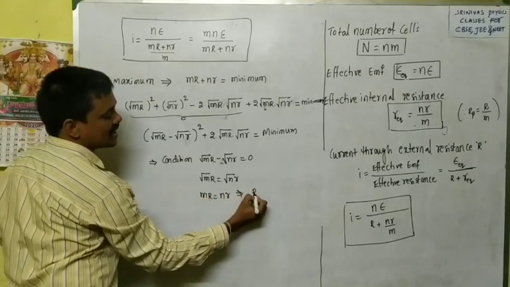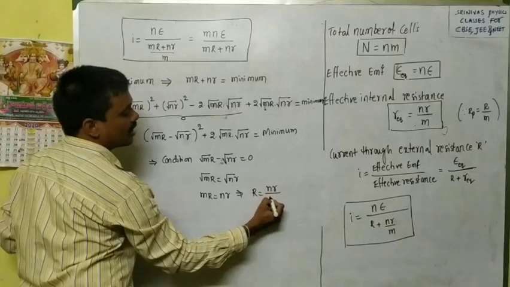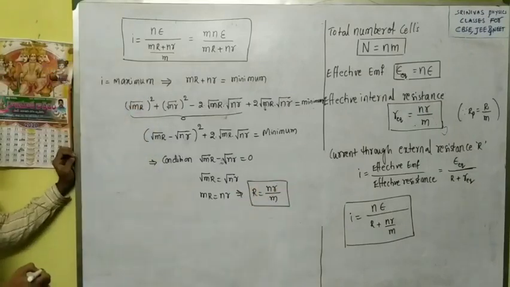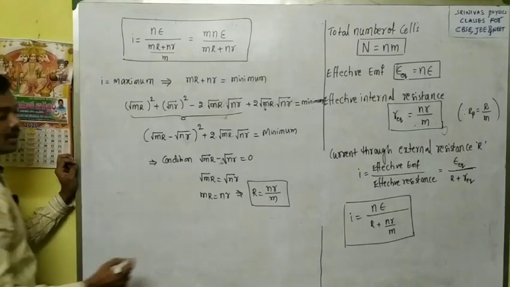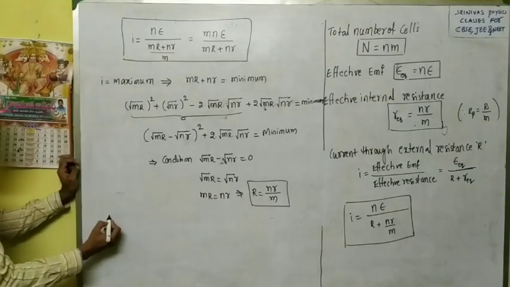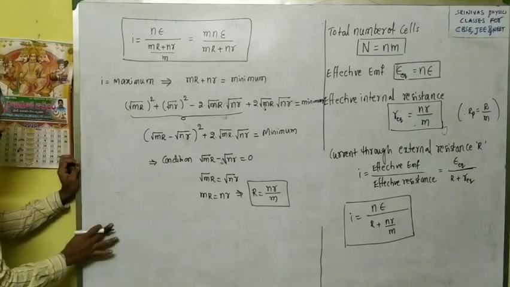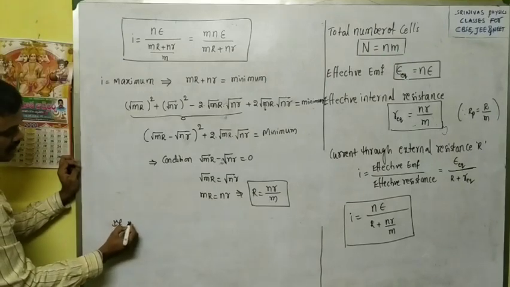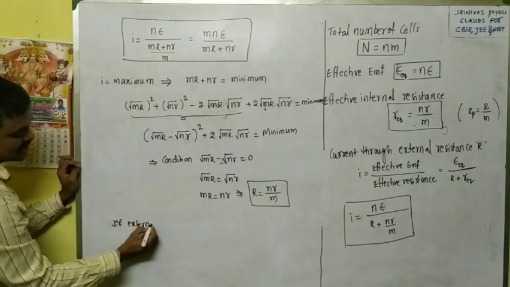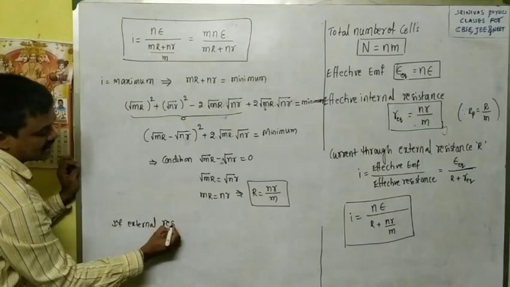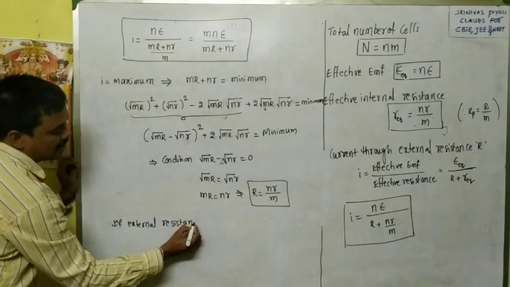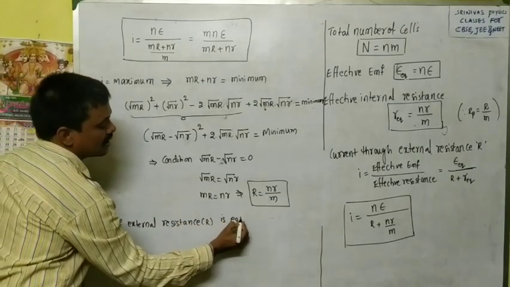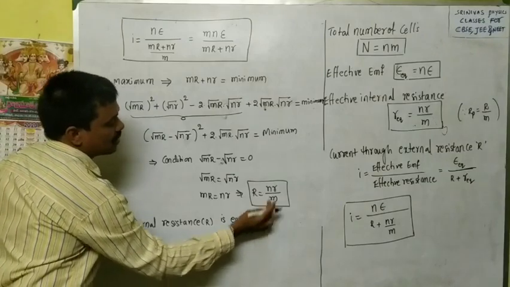From this we write capital R is equal to NR by M, right? That means this is the condition to get the maximum current. Okay, this is the condition to get the maximum current. That means if external resistance, capital R is the external resistance, is equal to NR by M, what is NR by M?